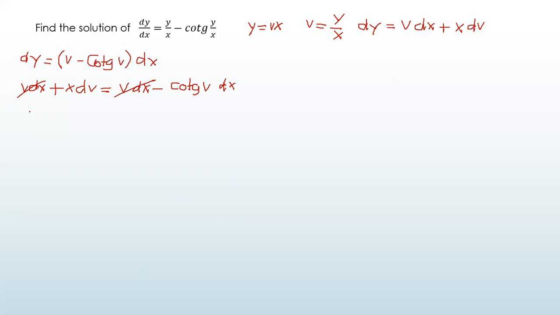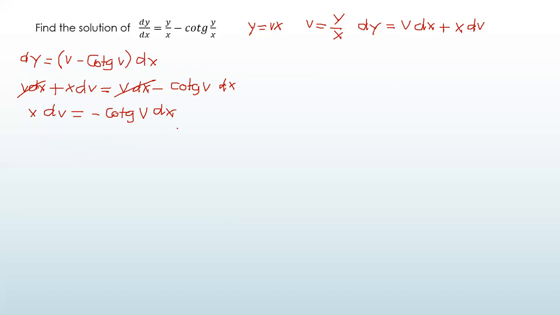So this equation is going to be x d phi equals minus cotangent phi dx. Very simple simplification of these equations.